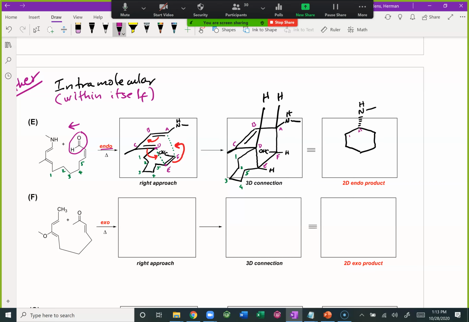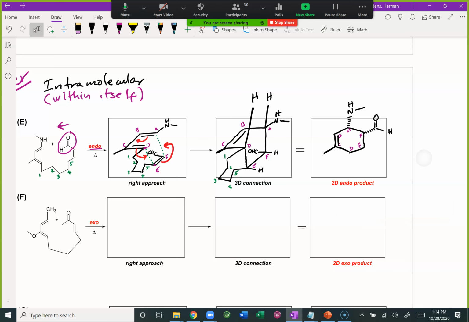A, B, C, D, E, and F. There's a double bond between C and B. There's a methyl group on C. On F, my aldehyde group is down. On E, I have a hydrogen that is up, so I'm going to draw it. My hydrogen is up here, and then carbon 5 is down.